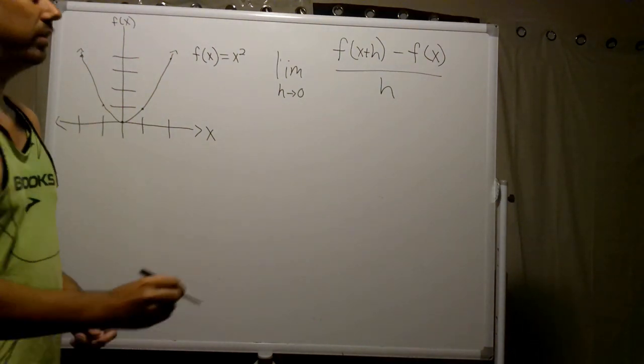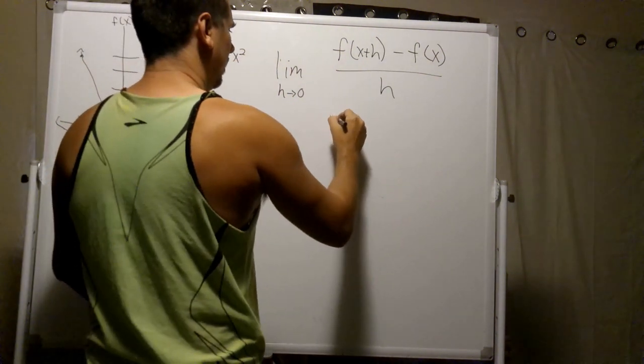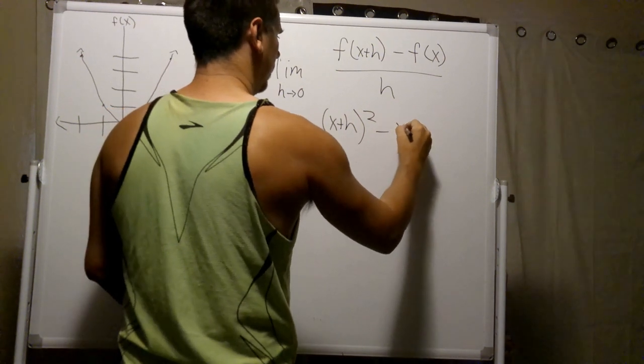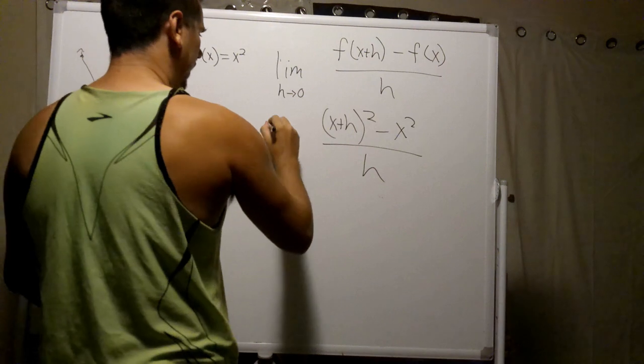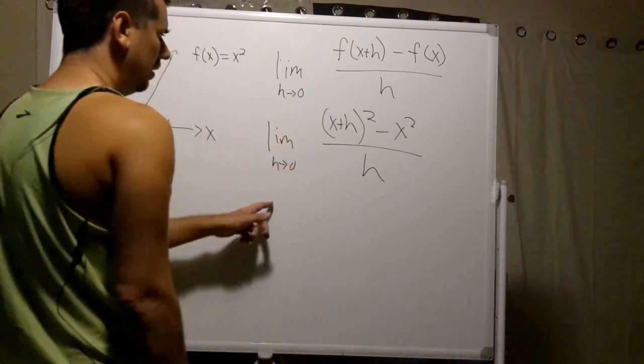And so rather than memorizing the rules, at least right now, it's good to actually see how you would do it, right? So we're going to take all of this and plug it into here. So this would become x plus h squared, and we're still taking the limit as h goes to 0, right?